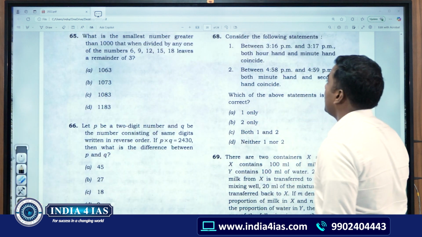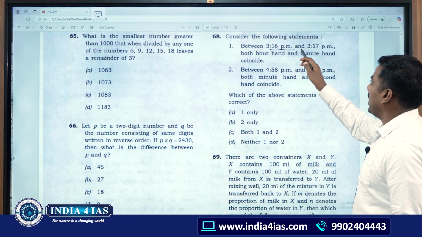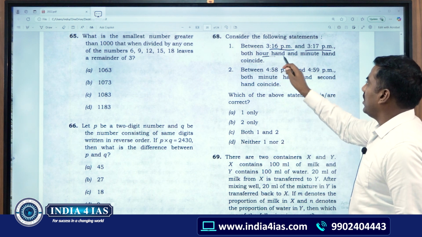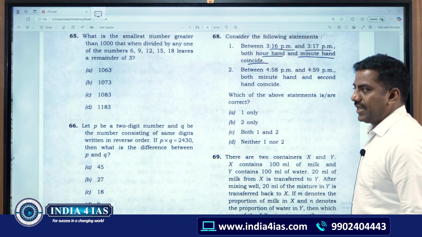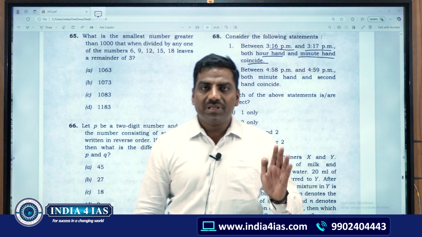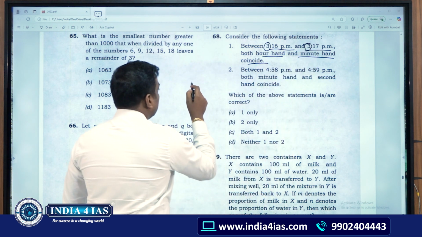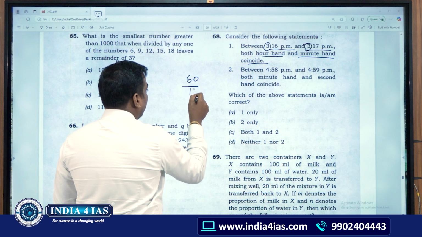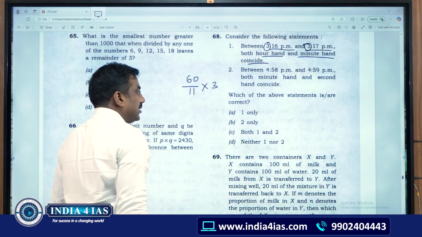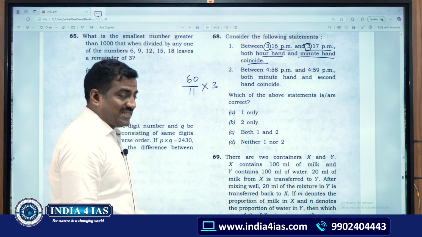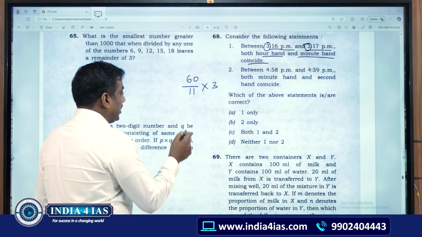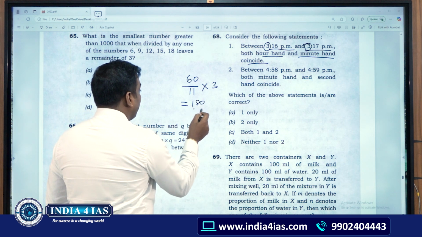That's it. Between 3:16 p.m. and 3:17 p.m., hour hand and minute hand coincide. Yes, in this case, one simple thing you have to do. They are asking after 3 o'clock. After 3 o'clock, just take this magical fraction and multiply by the hour that has passed. So 60 by 11 into 3, it will give me 180 by 11.